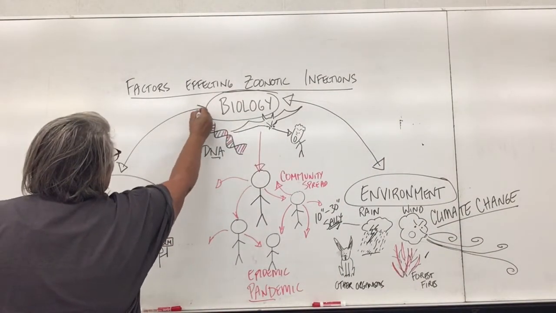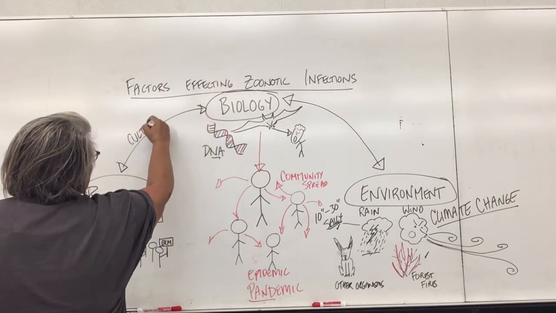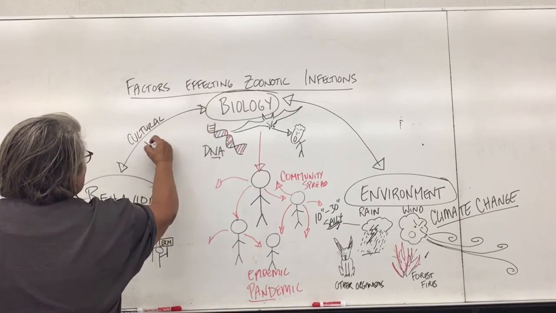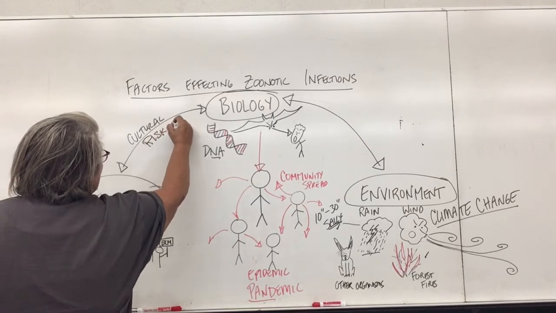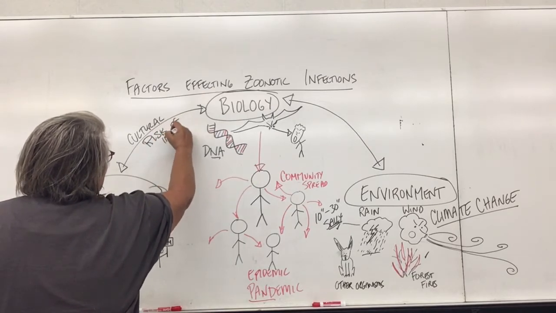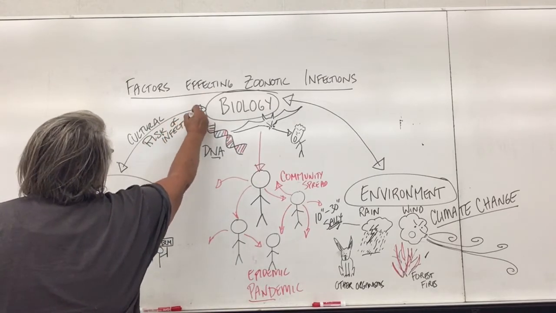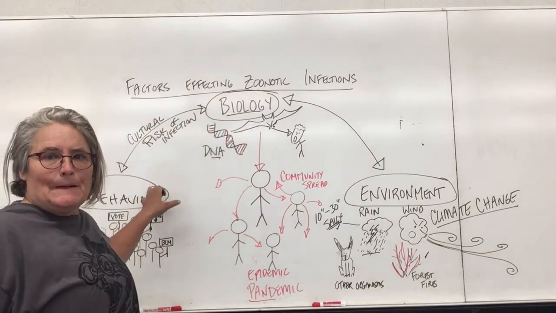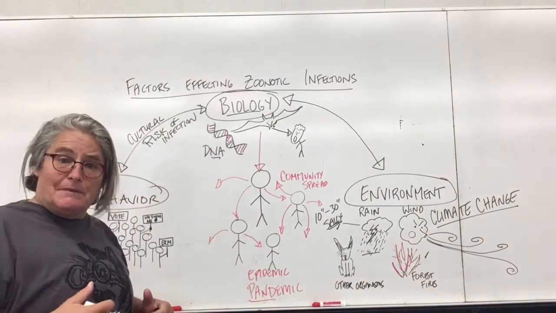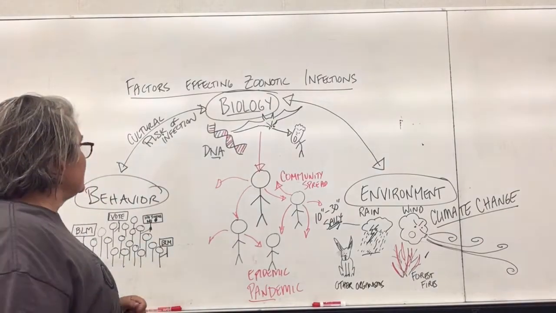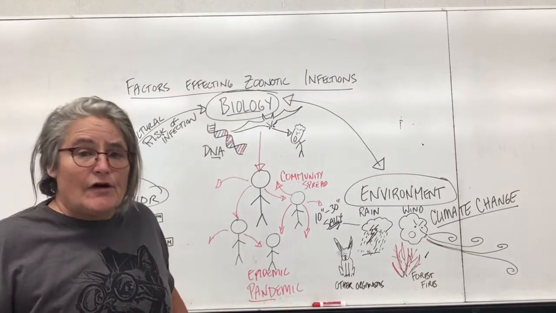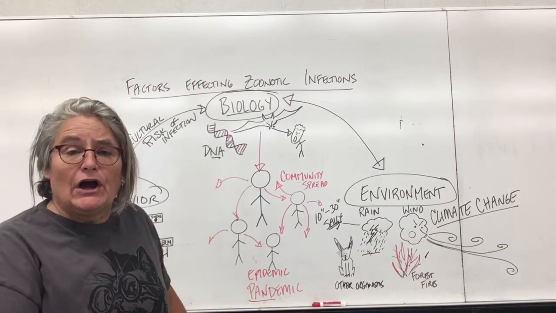Now, this is going to include some cultural behaviors as well. But this is going to affect our risk of infection. Now, if I don't think this is true, I won't participate in behaviors that actually reduce my risk. So I might go out in public, get together with all my friends, go to parties.